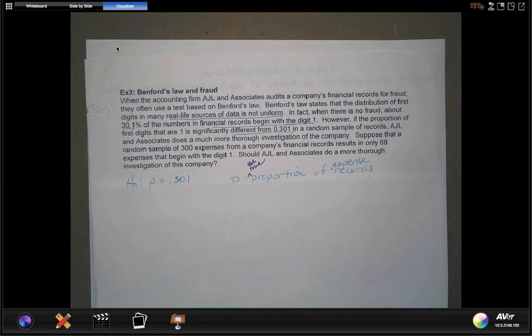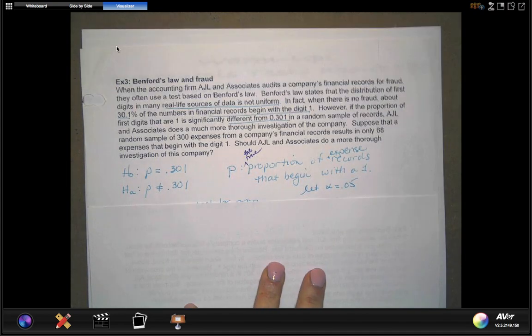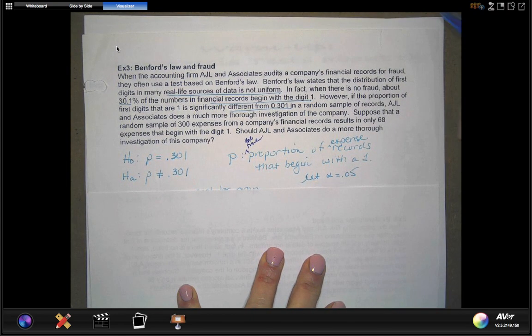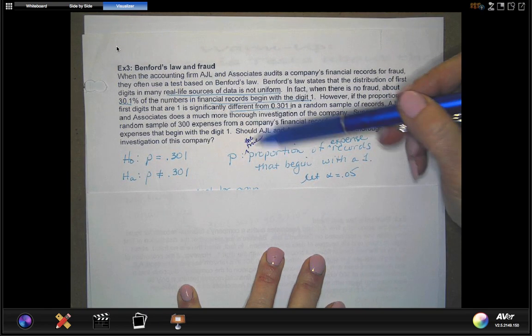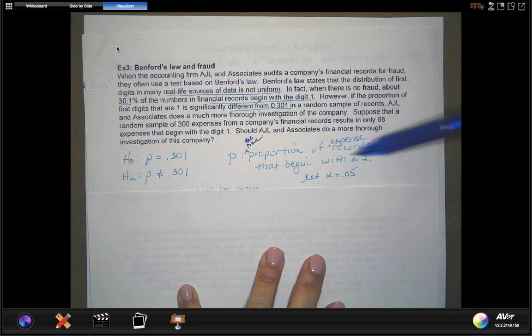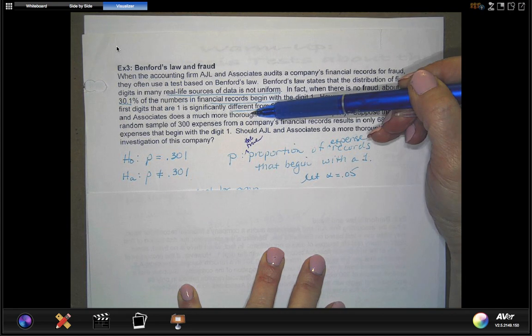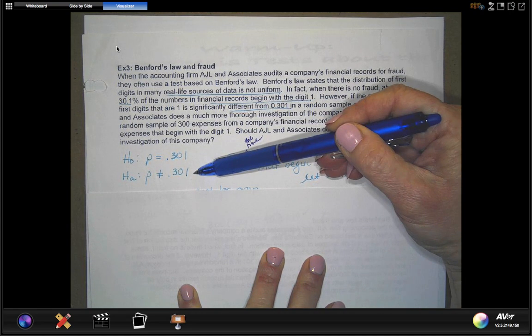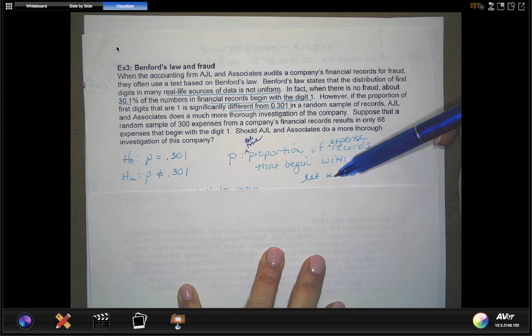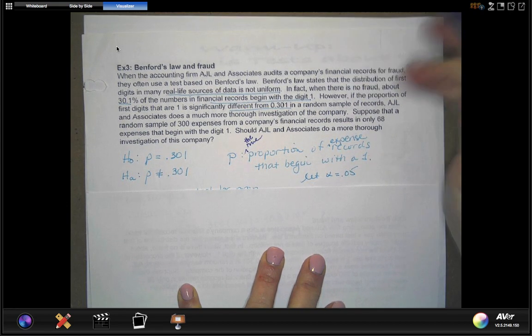Assuming you've paused the video and you're attempting the example by yourself, because that's how we learn when we push ourselves to think. All right, P is the true proportion of expense records that begin with a 1. There's my H0. They're just saying it's different. They're not saying the direction, so not equal to. They didn't give me a significance level, so I'm going to pick one here.